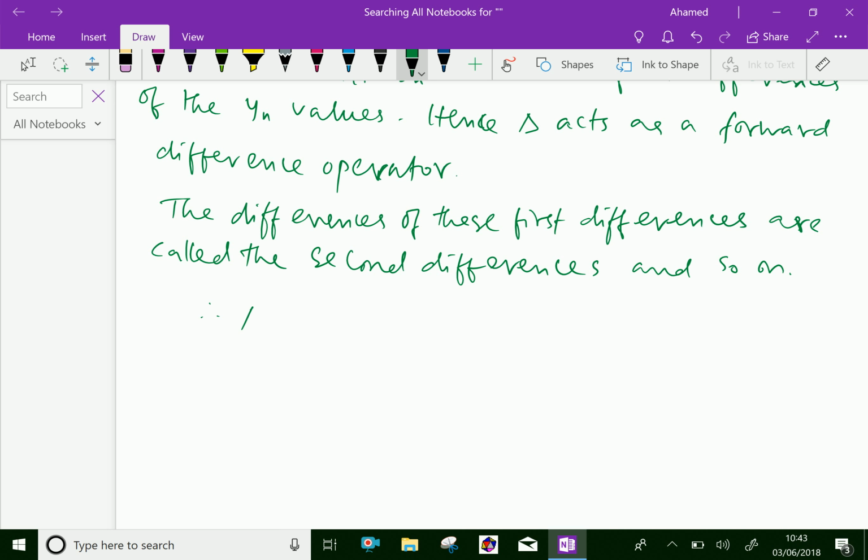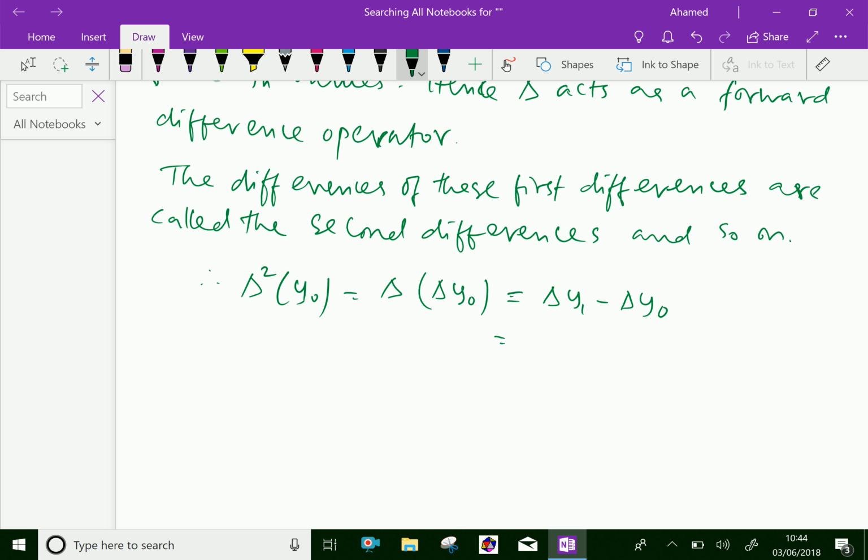Therefore, the second difference is noted as delta square of y0 equals delta of delta y0, which is the difference of delta y0, that is delta y1 minus delta y0, which equals y2 minus 2y1 plus y0.